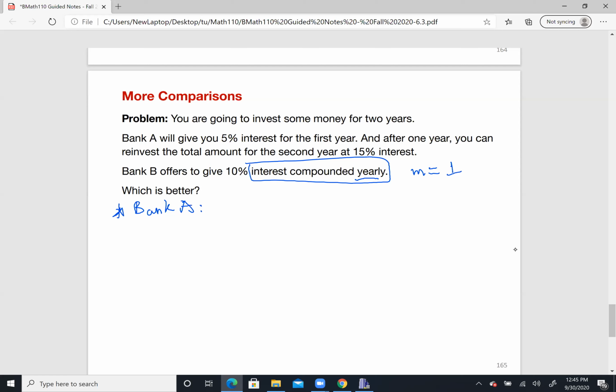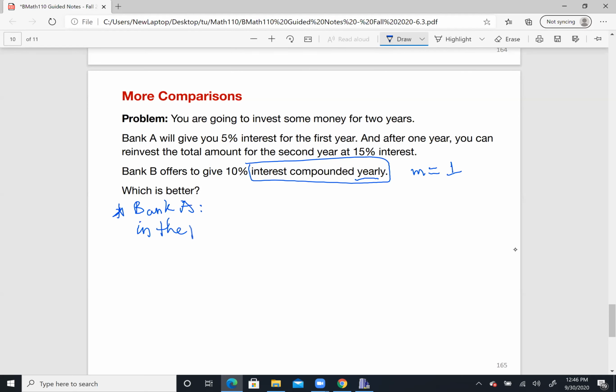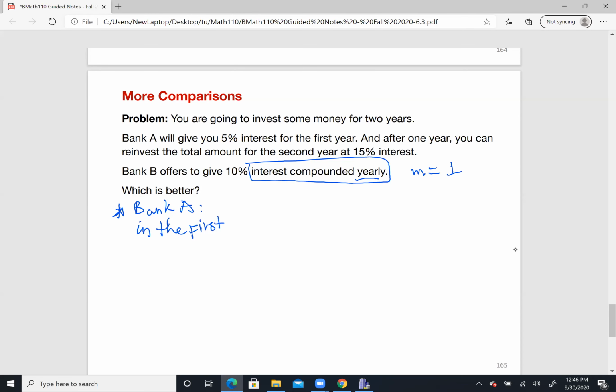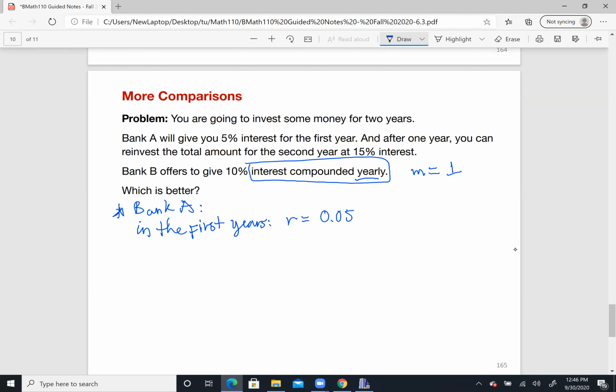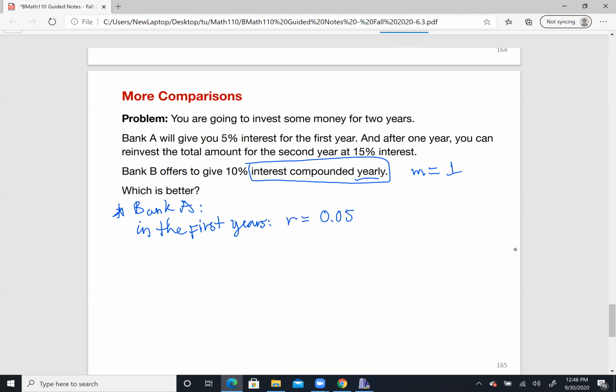Compounded yearly, so one time per year. So in the first year, let's say we have r equal to 0.05, right? So then r over m will be equal to what?